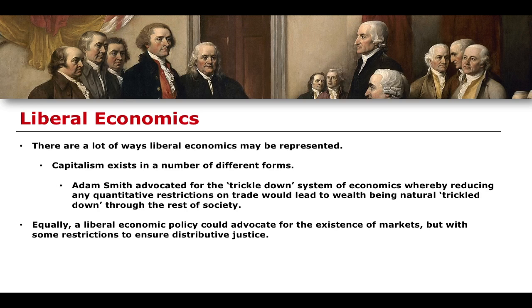Adam Smith advocated for a system of economics that was similar to the kind of economics that we see by politicians and leaders such as Margaret Thatcher and Ronald Reagan, this idea known as the trickle-down system of economics, whereby if you were to reduce quantitative restrictions on trade, this would lead to wealth being trickled down to the rest of society.